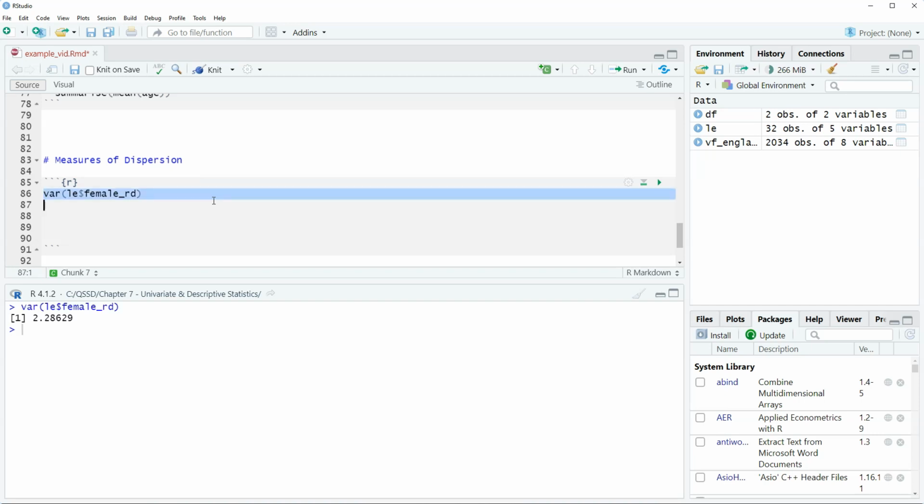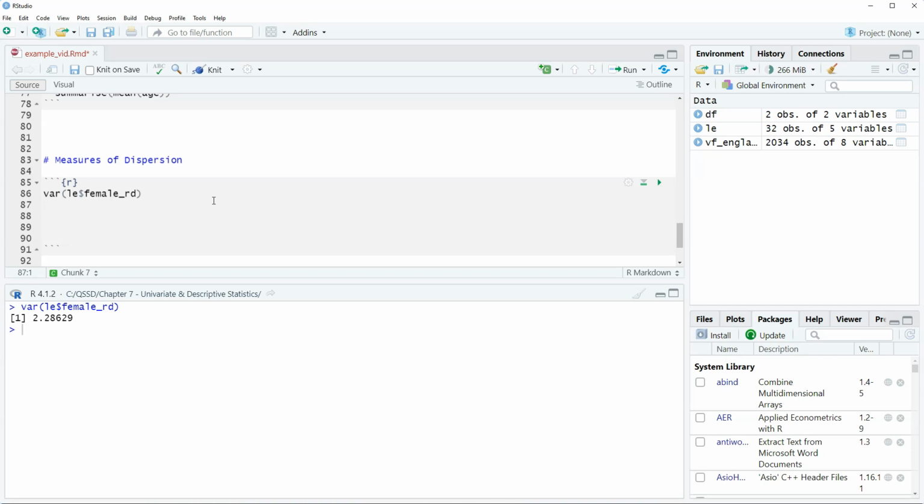We have that it's 2.29 rounded. So we'd say the variance for life expectancy for females is 2.29 years squared. Again, that's like, what?